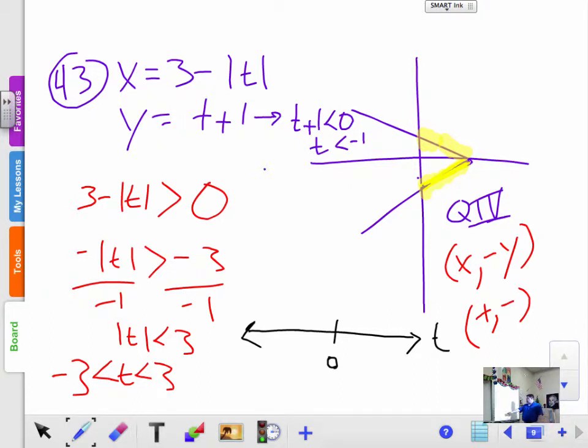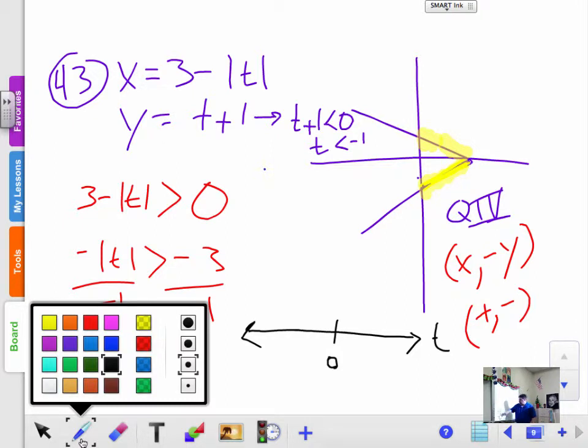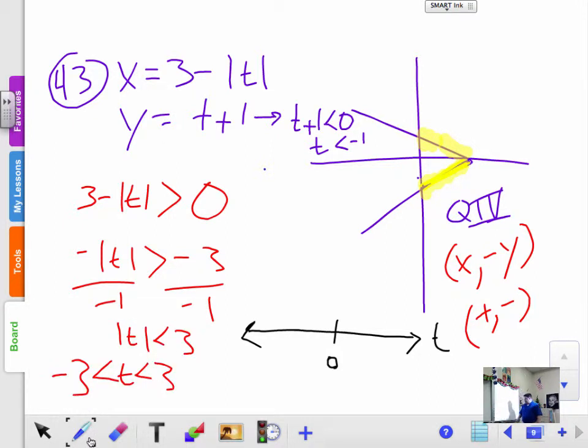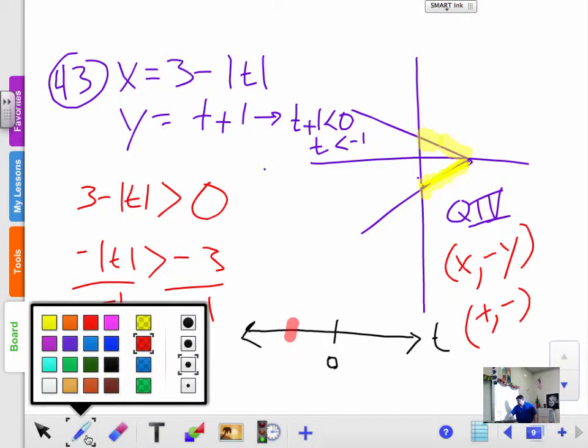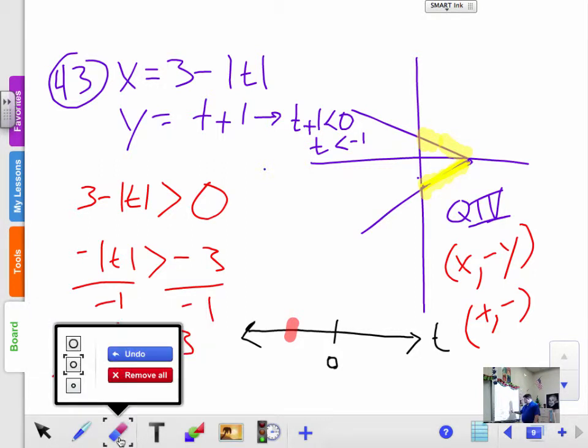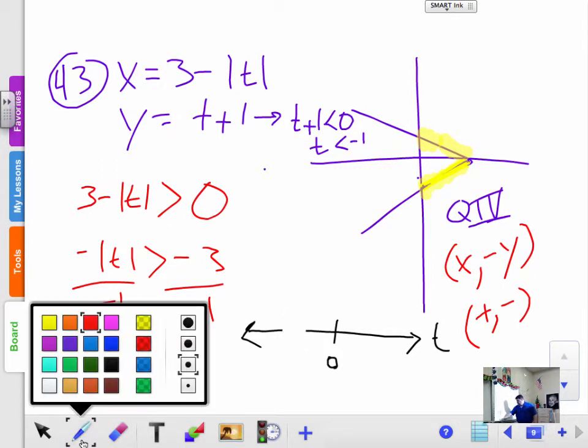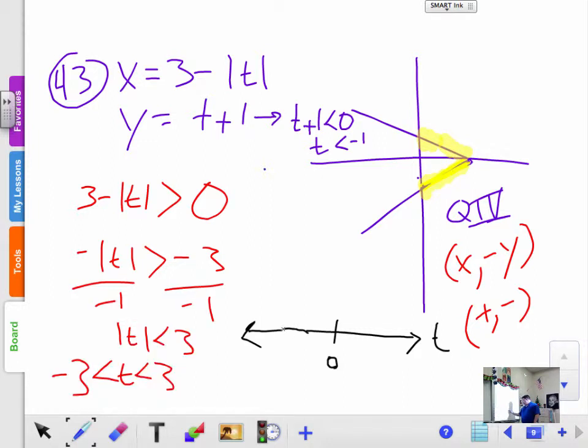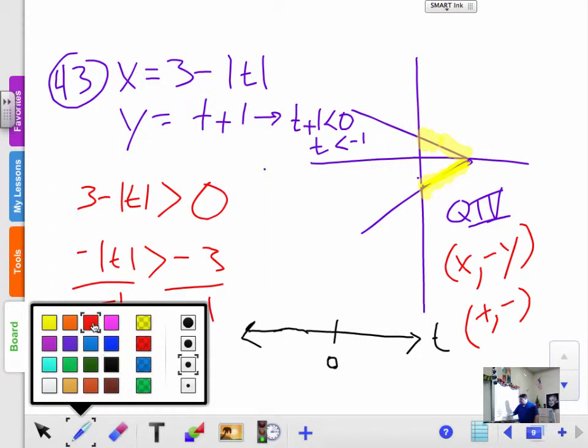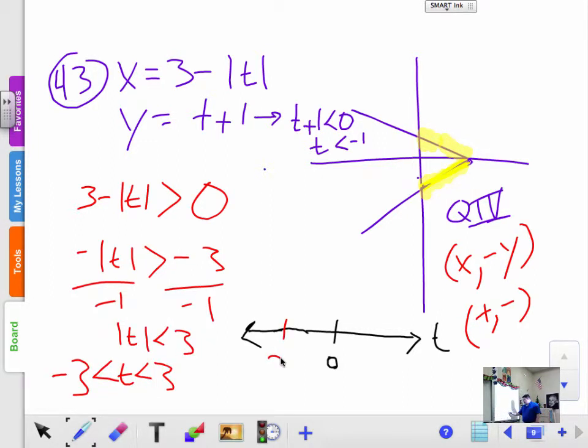Now, if I talk about this right here, based on my x values, where my x values could be, it would be, whoops, hit the wrong thing there. So I'd have some business going on here.